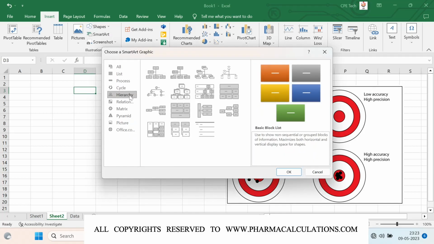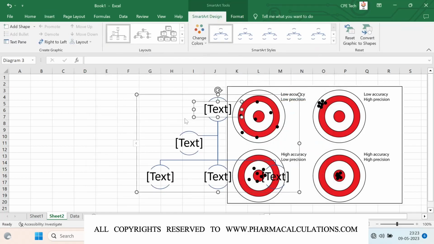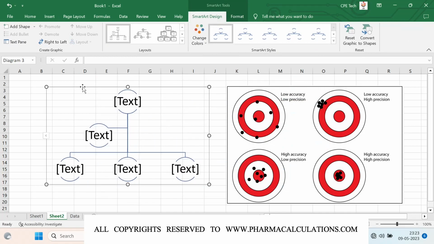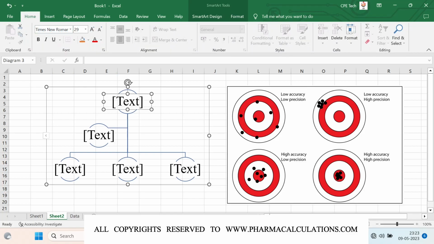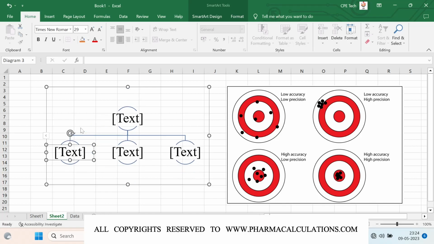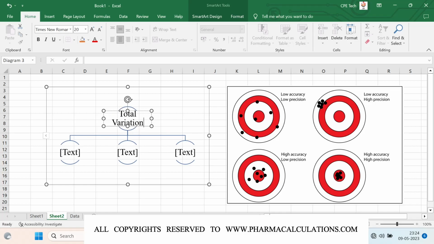In most cases, the variations are due to 2 things. I'll use the marker to represent the factors of variation. The first one is, let's say this is total variation, and this total variation is completely attributed to 2 factors.